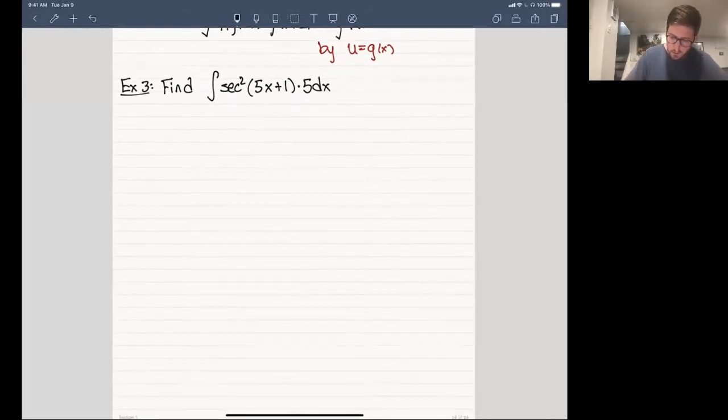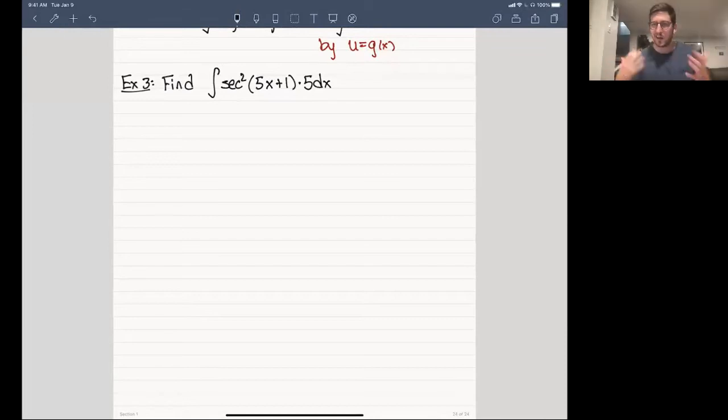Okay, so hopefully you're getting an eye for this a little bit. So you're probably able to anticipate what I'm going to substitute for. And this is certainly, as you start doing more examples, this will be the case. So I'm going to let u equal 5x plus 1.